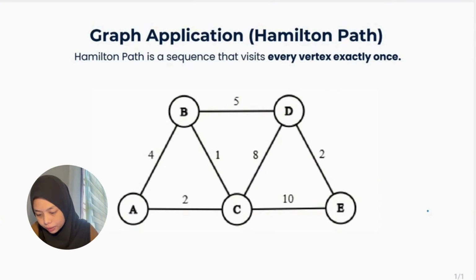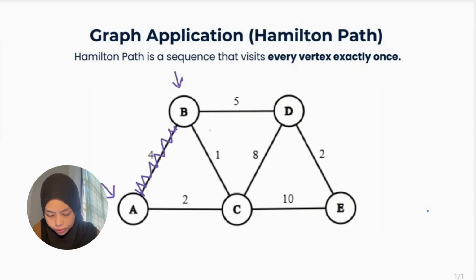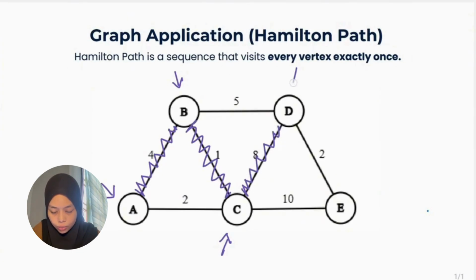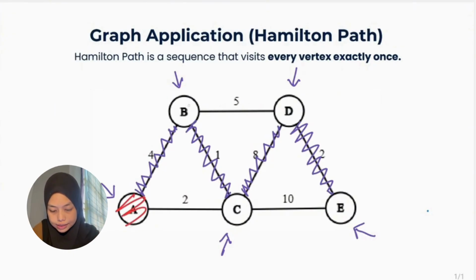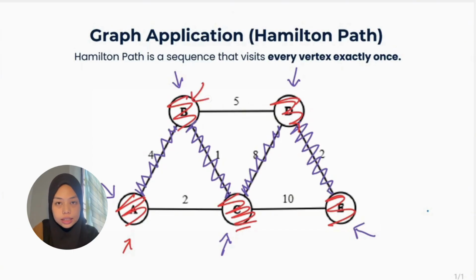For example, we can start from vertex A, then move to vertex B, and from there we go to vertex C, followed by D, and the last one will be E. This path is considered valid because first, it visits all the vertices in the graph, second, each vertex is visited only once, and third, all movements follow edges in the graph. Therefore, it satisfies the definition of a Hamilton path.